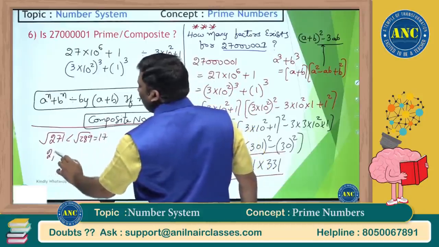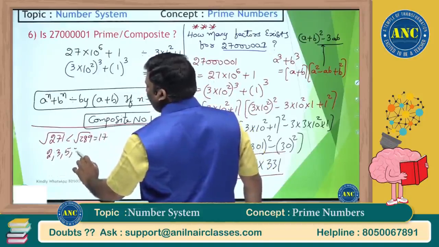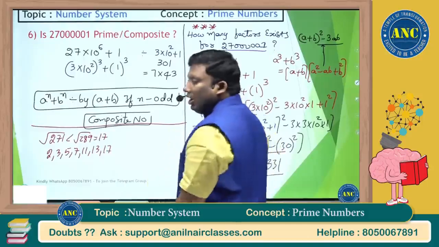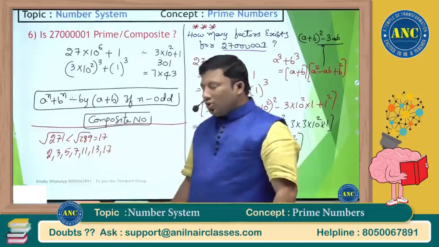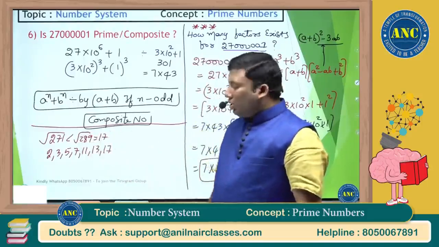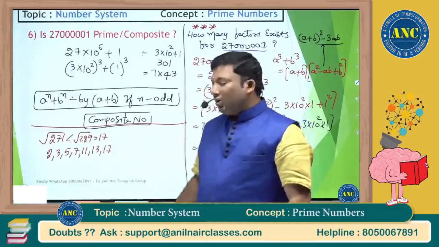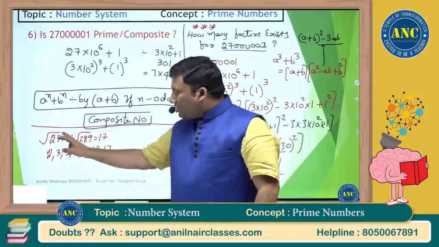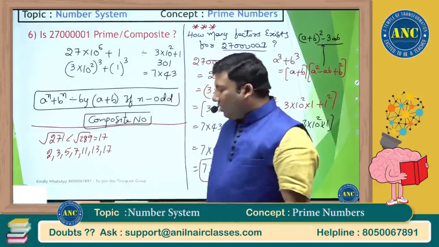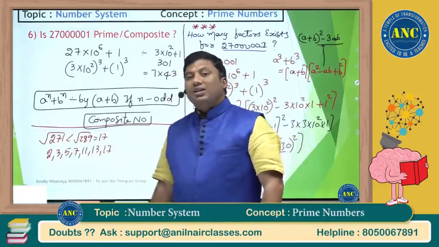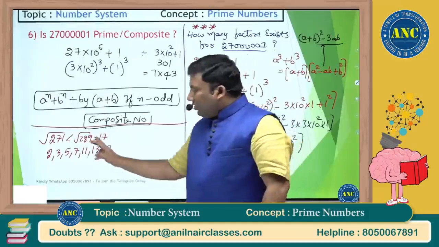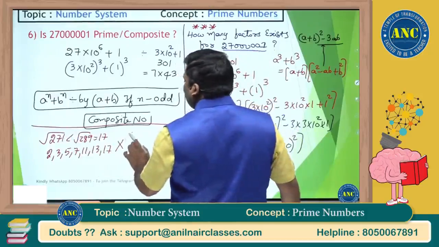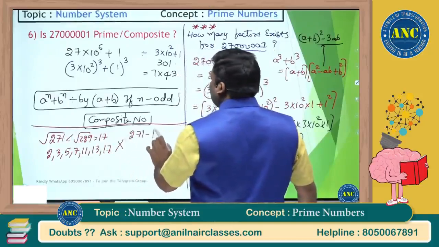Write all the prime numbers less than or equal to 17: 2, 3, 5, 7, 11, 13, 17. 271 divisible by 2, no. By 3, no. By 5, no. 7 3s are 21, 61, no. For 11, sum of the odd places minus sum of the even places, no. 13 2s are 26, 11, no. 17 ones are 17, 101, no. It does not divide by any of them, so 271 is a prime number.